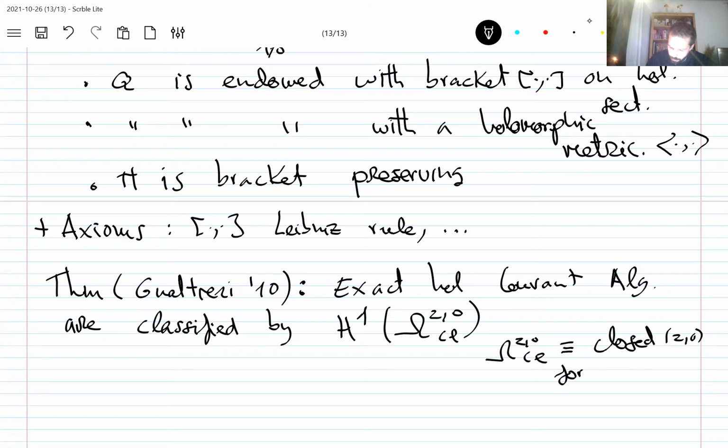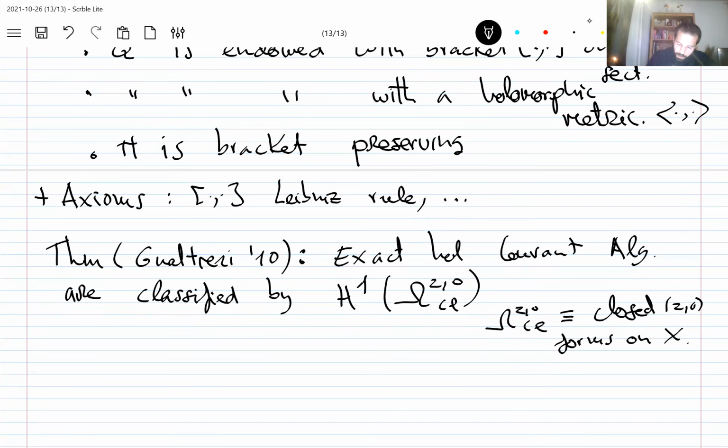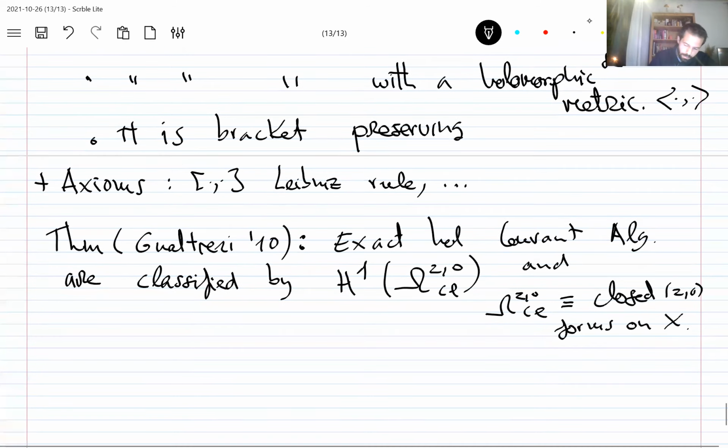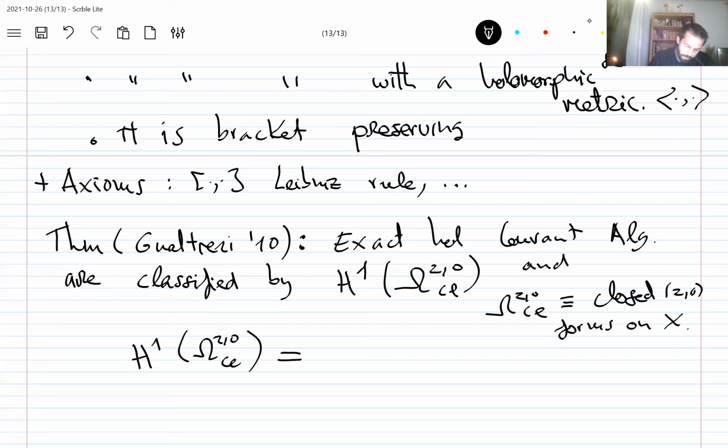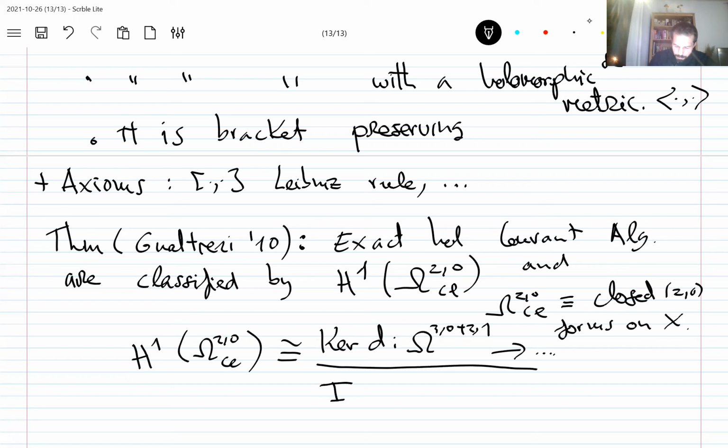Two-zero forms. Next. And actually, one has an isomorphism between this and the kernel of the exterior differential, going from 3-0 plus 2-1 to the next degree, divided by the image of the differential from 2-0 to omega 3-0 plus 2-1.